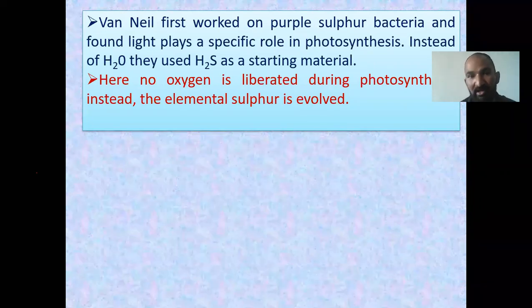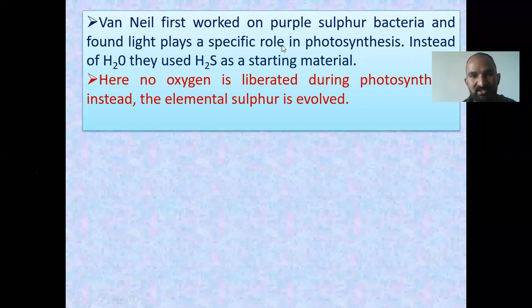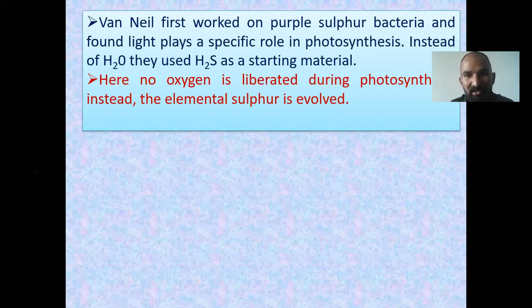But instead of water, the scientist provided hydrogen sulfide as a starting material. That's why in the process of photosynthesis the bacteria are unable to produce oxygen. They produce sulfur instead of oxygen.